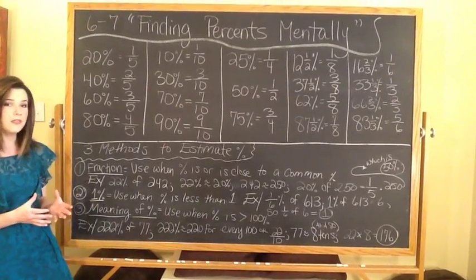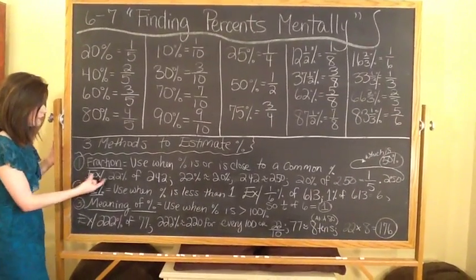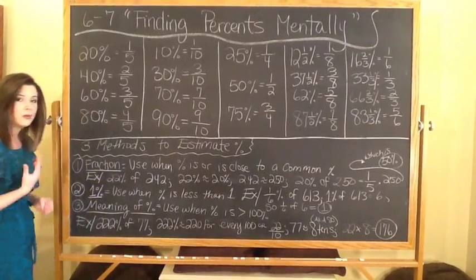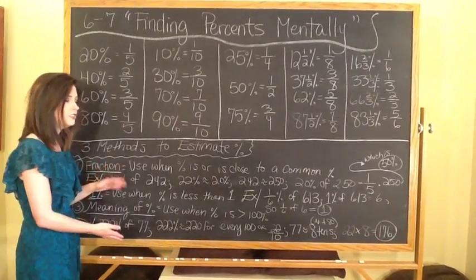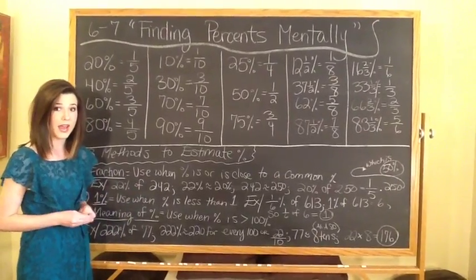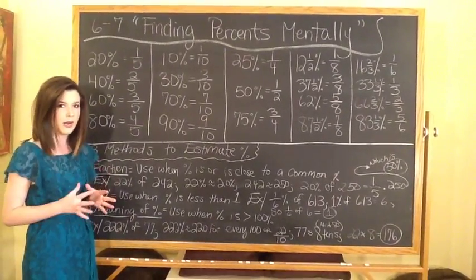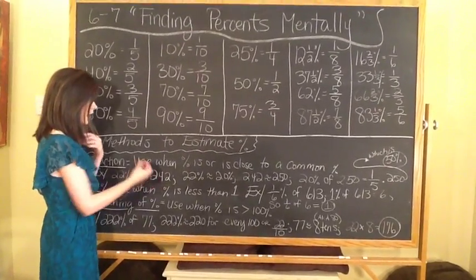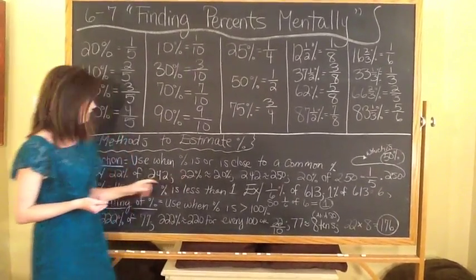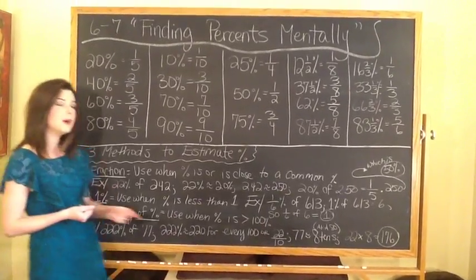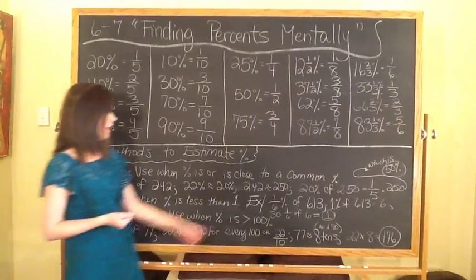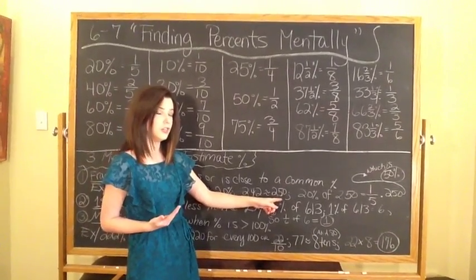An example of this would look like, what is 22% of 242? This is how it works, so you might need to rewind this section and listen to me say all this again, and that's okay, because I really want you to get a firm grasp of this. So 22% of 242. The first thing you would do is look at the 22% and say, well, that's close to 20%. Then you look at your 242 and say, it's close to 250.